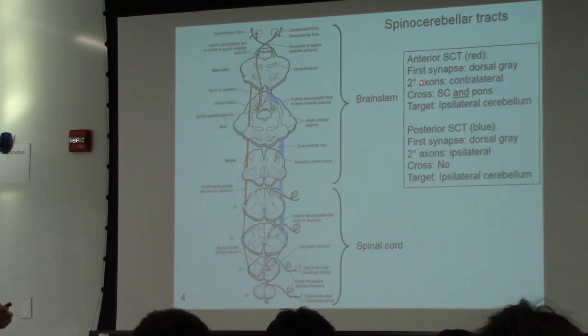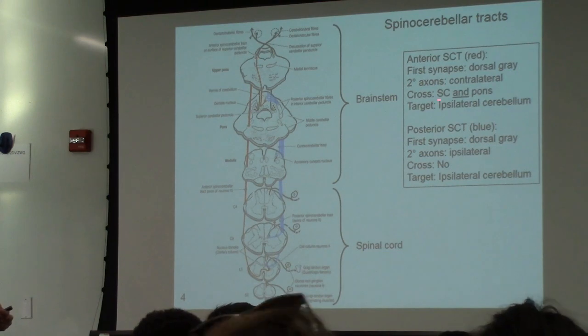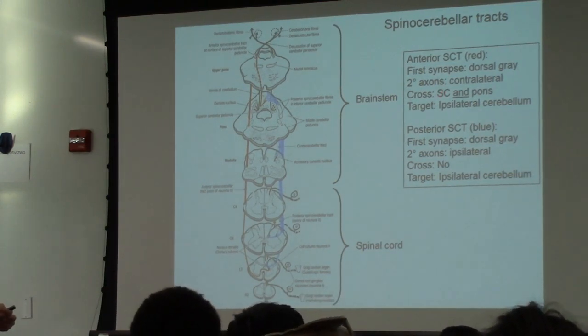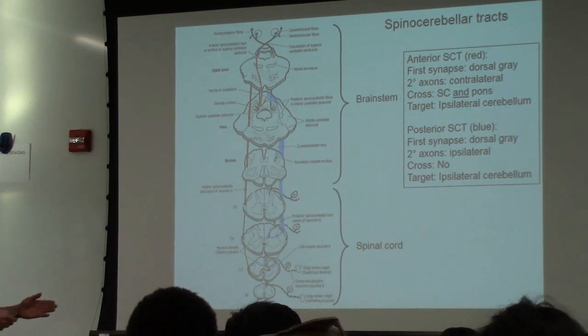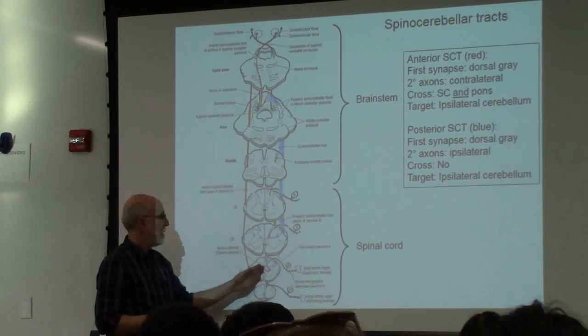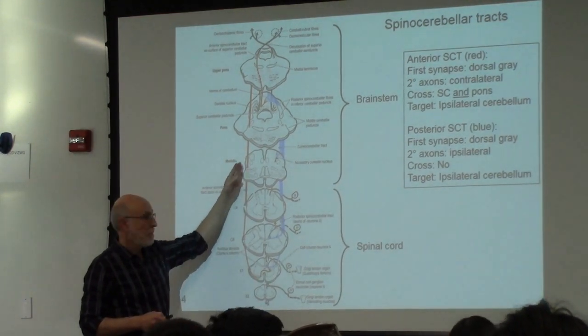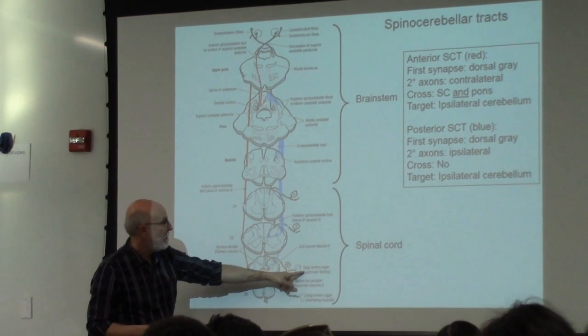The secondary axons cross over in the spinal cord, and so they go up the contralateral side of the spinal cord. So here is the information.